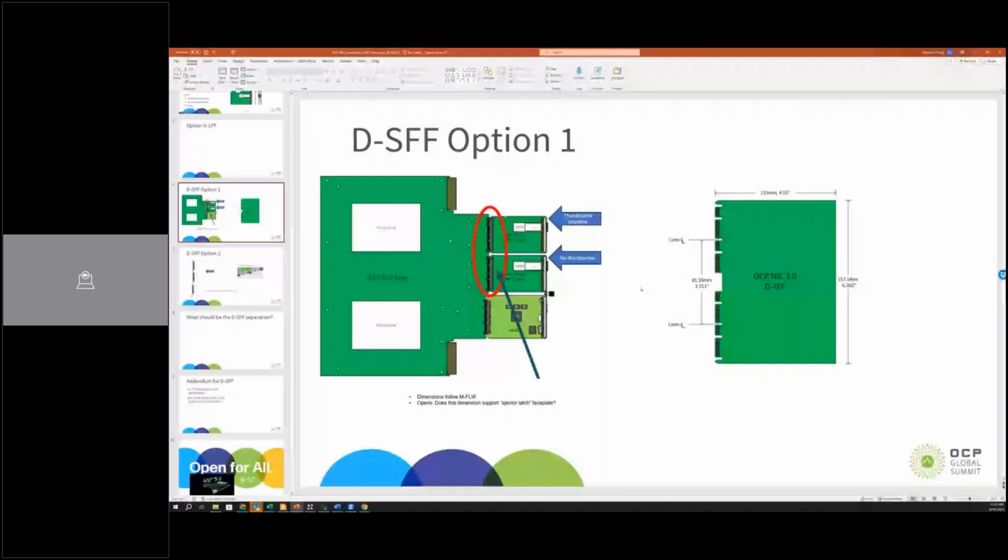So as I said, it doesn't solve the real estate problem, because this OSFP cannot be located on a different board. It has to be adjacent to the controller IC, and all the other components will have to be crammed in that lower or first SFF. So it doesn't solve the real estate concern.